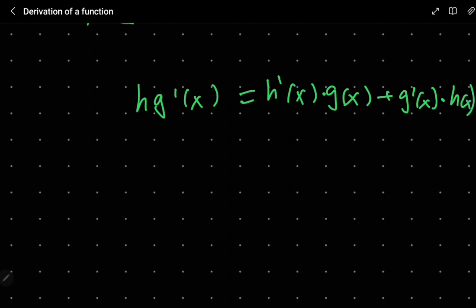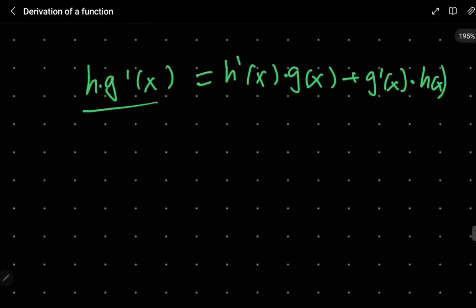This is a bit complex one, and there is also composite and quotient. So whenever you are required to find the derivative of a product function, you take the derivative of the outer function h of x times the inner function. Multiplication is commutative. So this is how you do it.